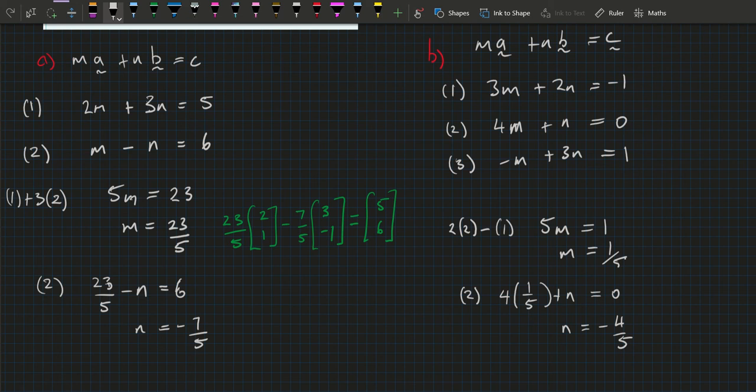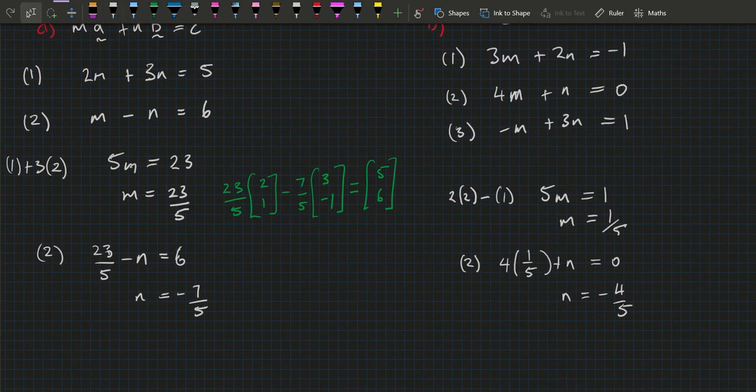And let's try that in equation 3. So there's only one possible solution for the first two. And if I use that on equation 3, what have we got?